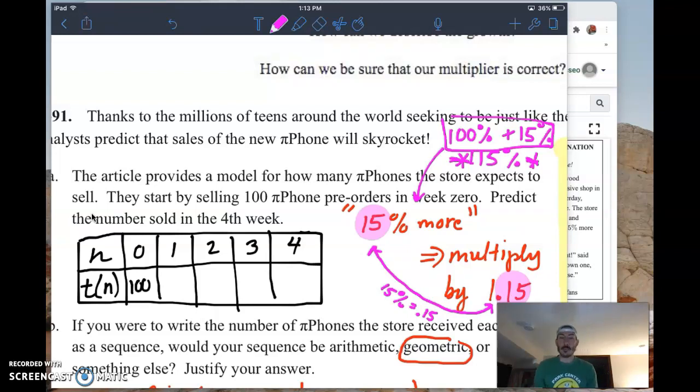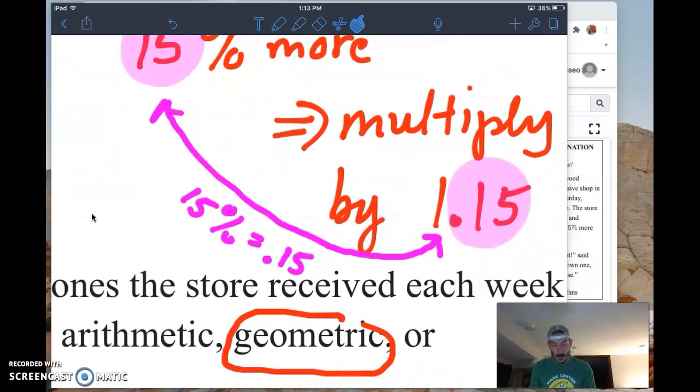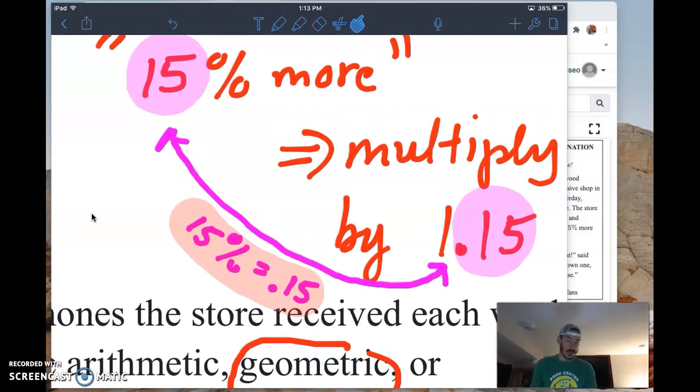And that means we're going to multiply by 1.15. In case you're not totally clear where I got that, 15% and its equivalent decimal, 0.15, are interchangeable here. The reason we want the decimal version, 1.15, is because we don't multiply with percentages, right?